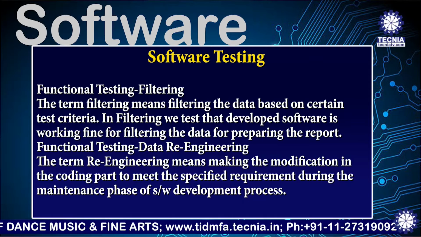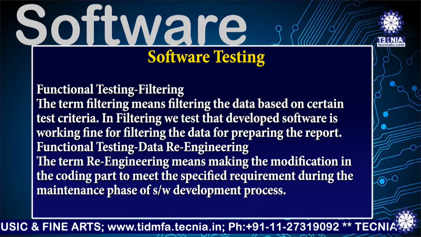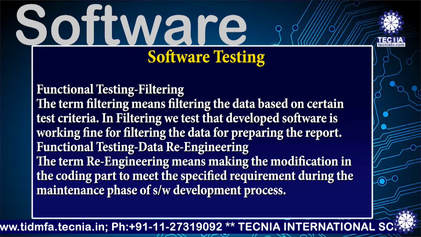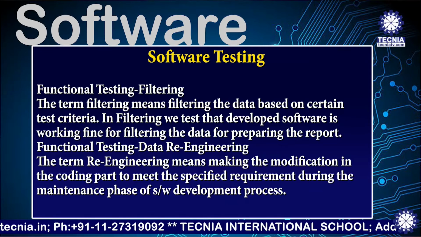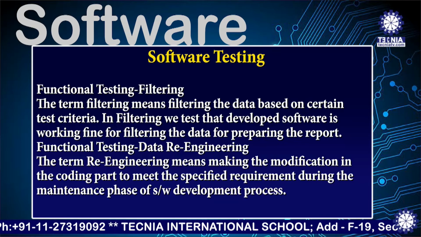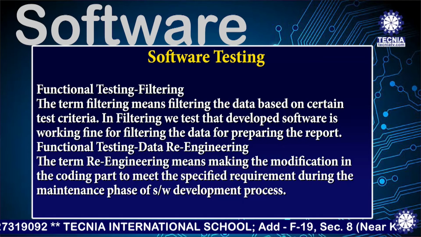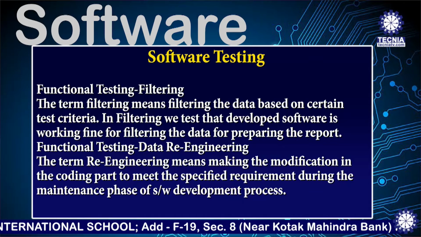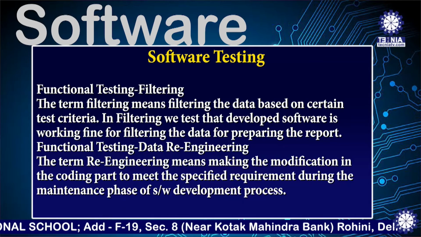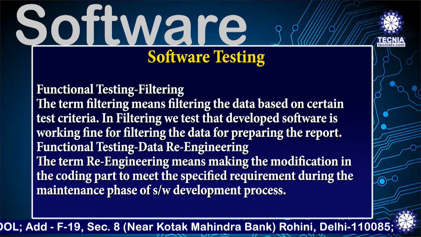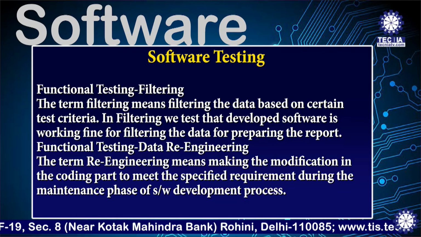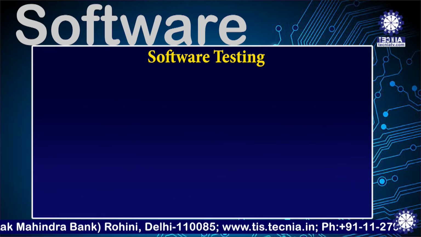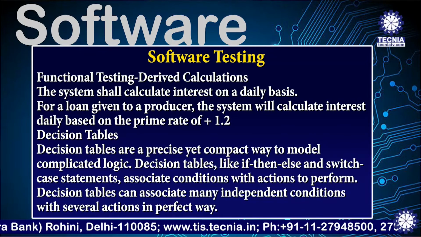So re-engineering means modifying the part which is creating the problem. In re-engineering, we rewrite the code of the software, and after rewriting, we test this code, and then we check that the software is meeting the criteria for which it has been designed. This is known as re-engineering.